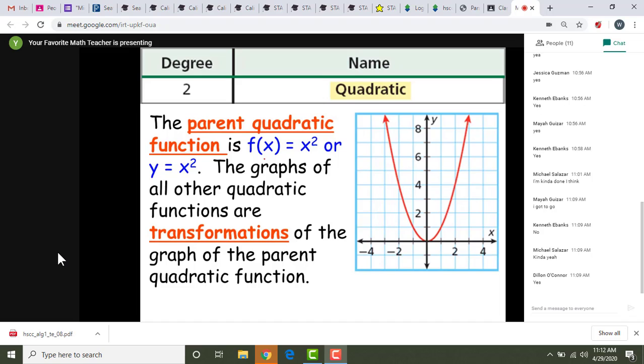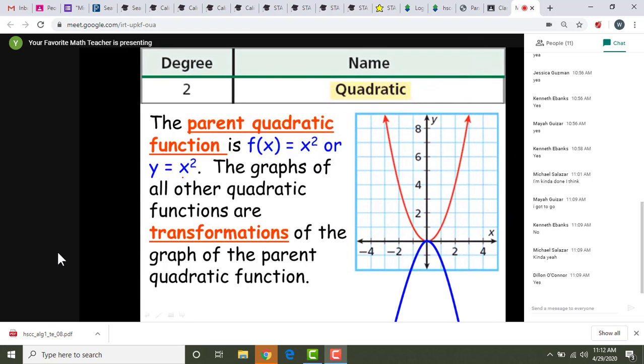The parent function of the quadratic function is f of x is equal to x squared, or you might see it as y equals x squared. And remember, every single quadratic is just a transformation of the parent function. So whether it's a translation, a stretch, a shrink, a reflection, it's just a transformation of the parent function.